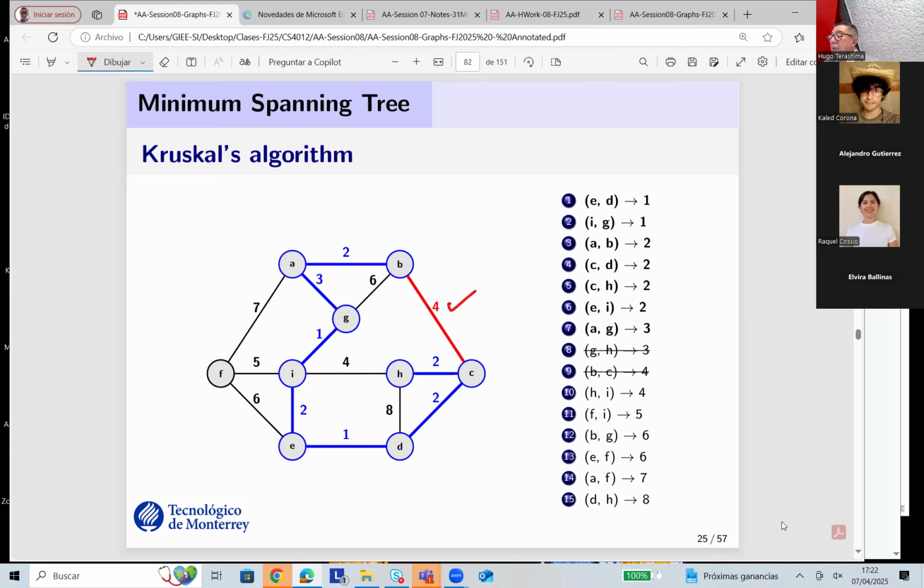There's a cycle there, here, here, here, here, here, here, and here. So I don't include that one also. HI is now constructing this cycle, right? And still, I need to connect.